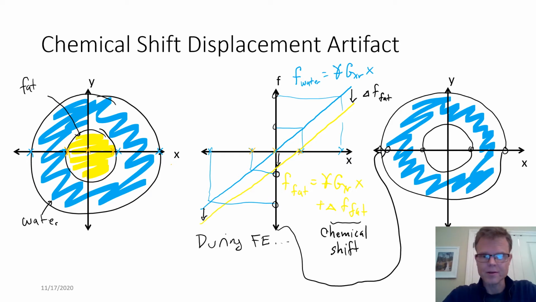So they are the effect of the gradient plus the addition of this off-resonance term.